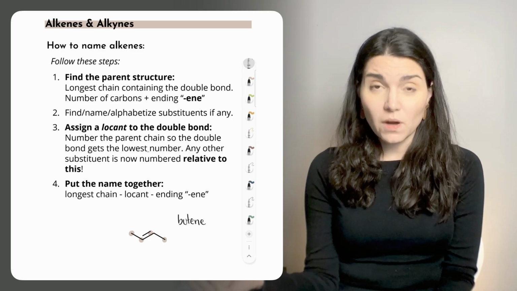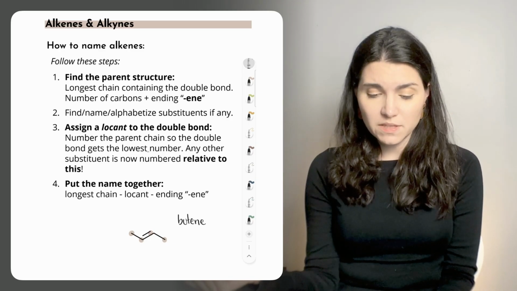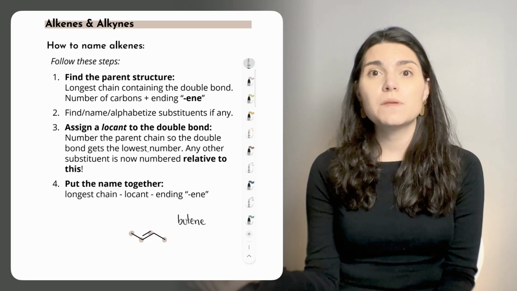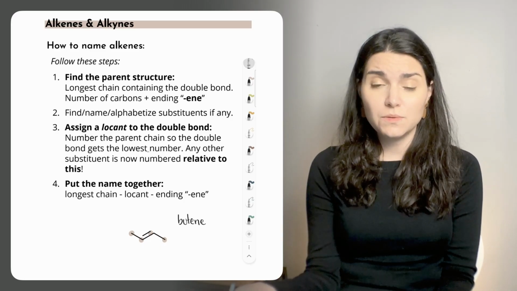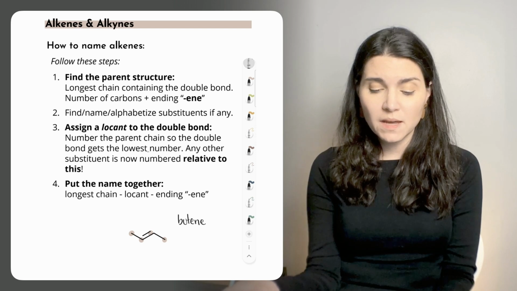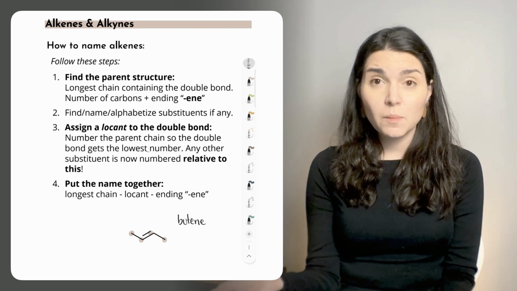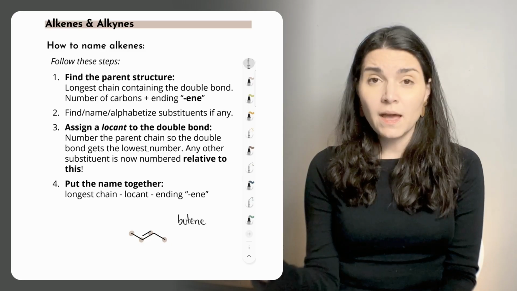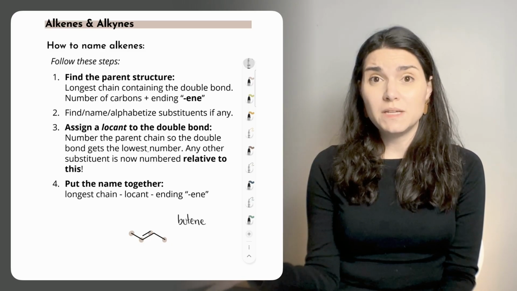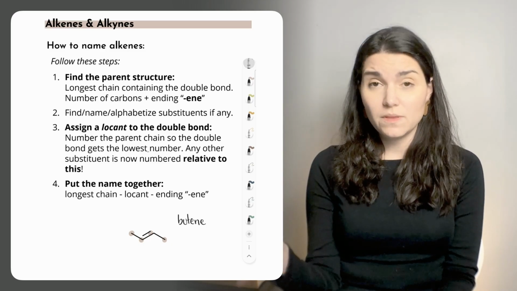And then we've got to assign a locant to the double bond. So we're going to number the parent chain so that the double bond gets the lower number. This is similar to the example with the triple bonds. We're going to prioritize the double bond over any other substituent that's on the molecule, and any other substituent will be numbered relative to the double bond.